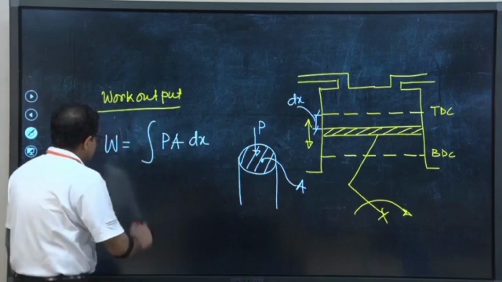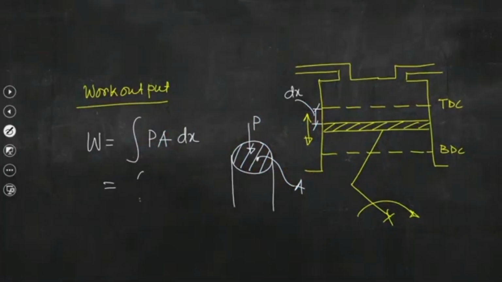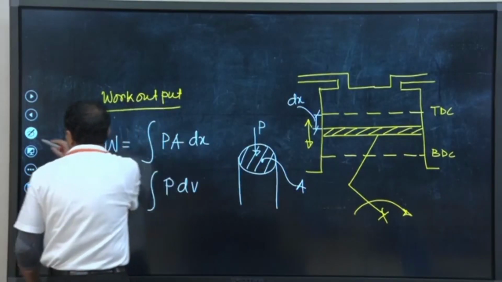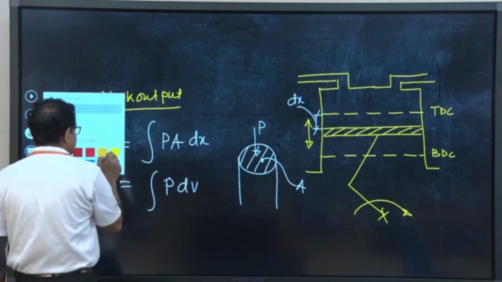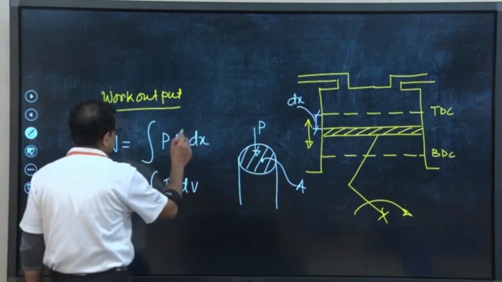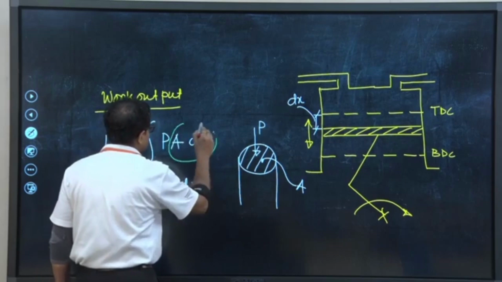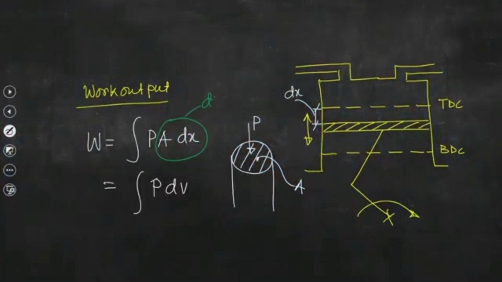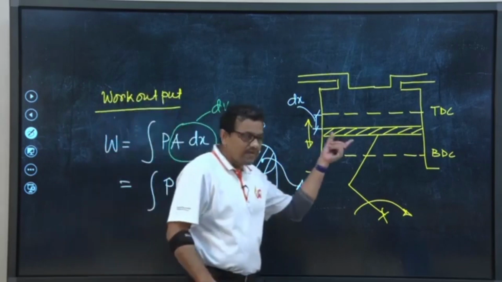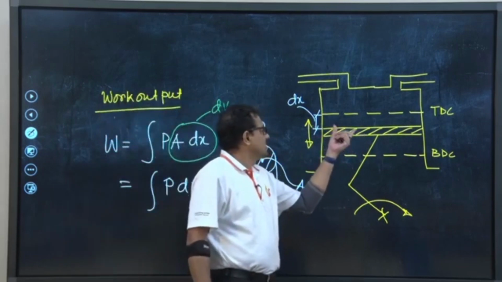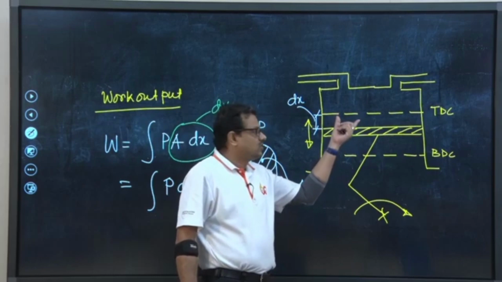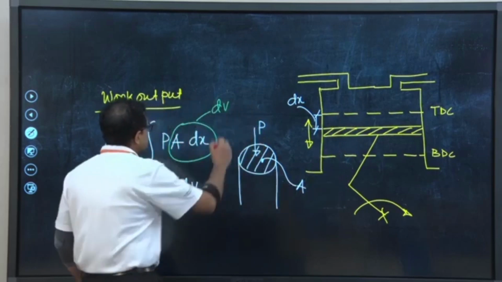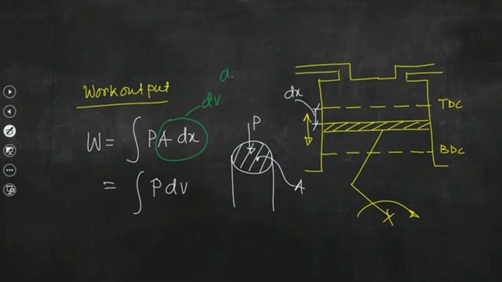So, this we can write as P into dV, because this A into dx quantity is dV. So, this is the differential volume displaced by this gas. So, this is the differential volume.